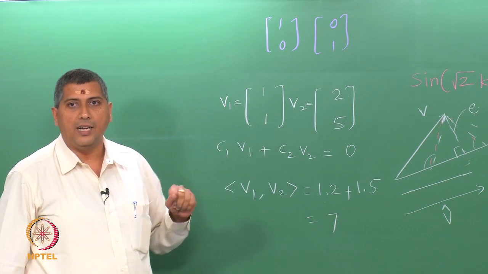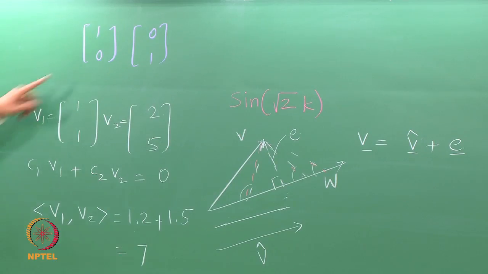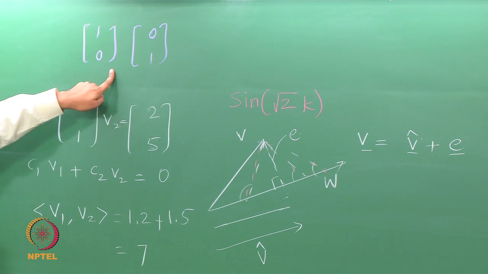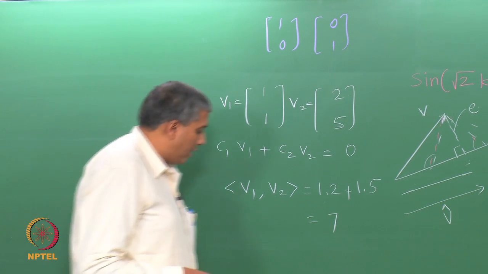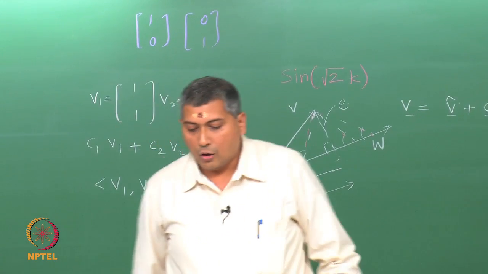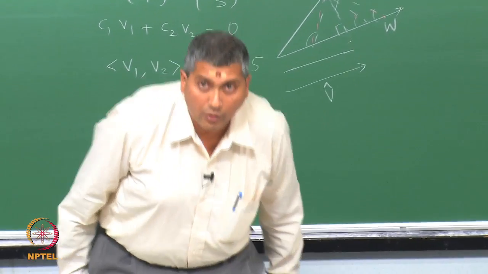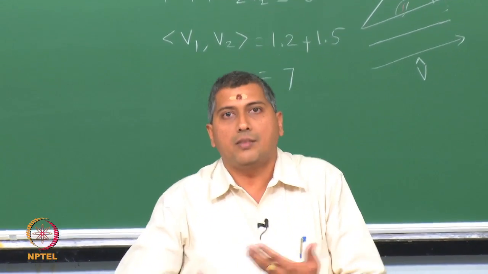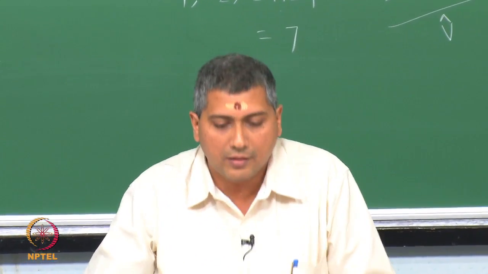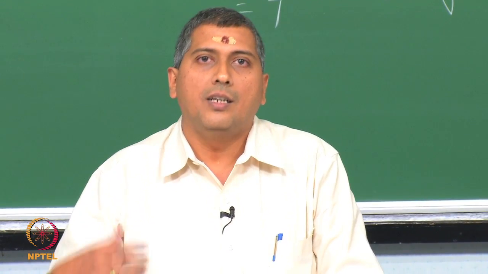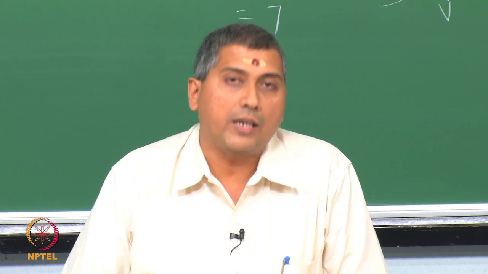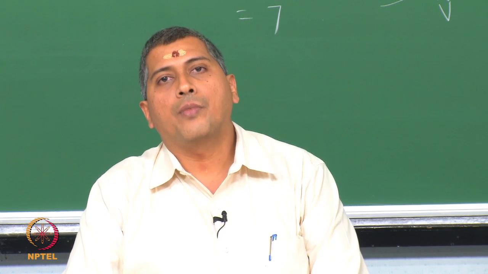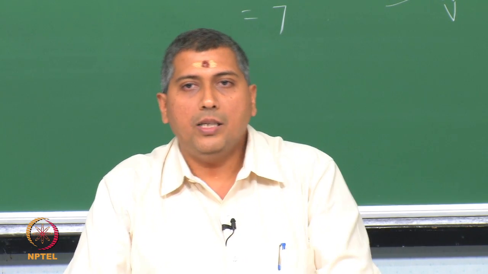They are linearly independent. The only difference between these two is that this is orthogonal and this is only linearly independent. So since orthogonal basis vectors are also linearly independent, basis admits orthogonal basis. In fact, orthogonal basis is a highly desirable feature, as I said earlier, in signal compression and so on. And finally, the number of vectors in the basis set for a vector space is said to be its dimension.